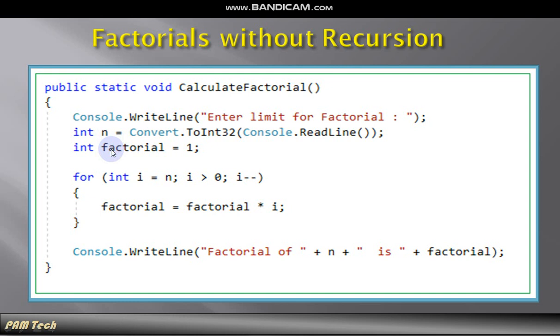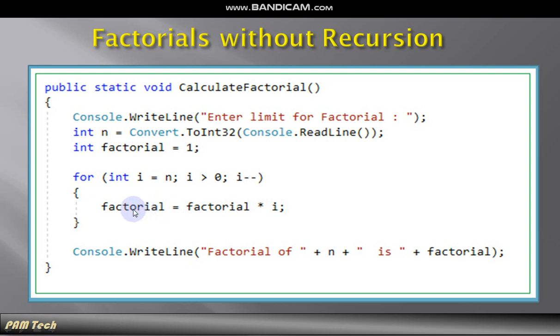I declare a local variable factorial and initialize it with 1, and I have a simple for loop which starts from i equal to n, i greater than 0, i minus minus, and factorial equals factorial times i. So basically I multiply the factorial value using i here, right?